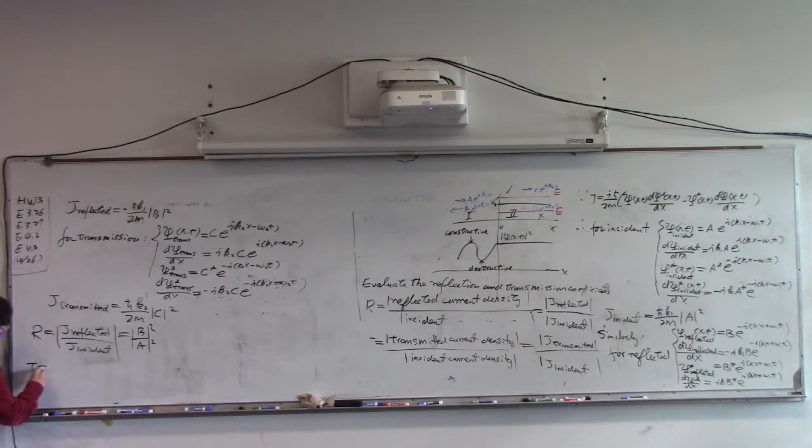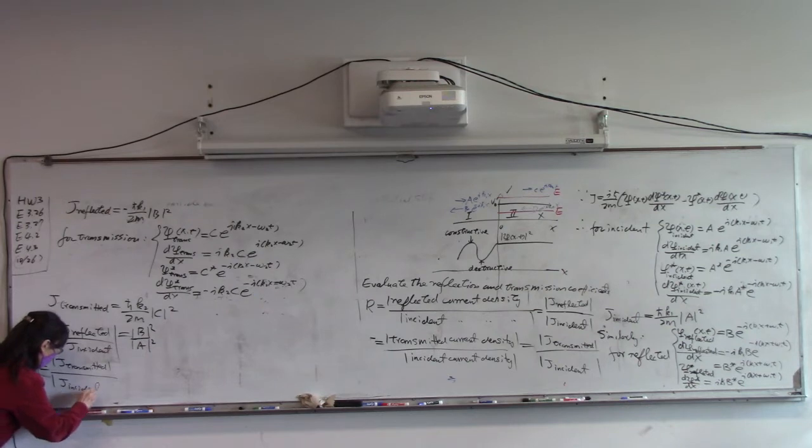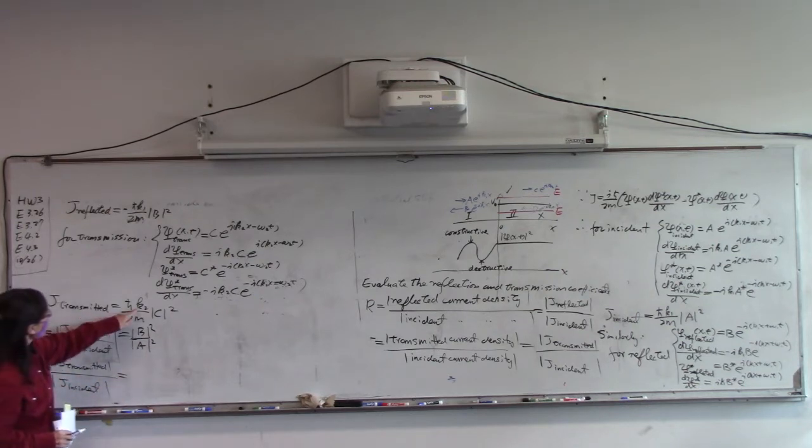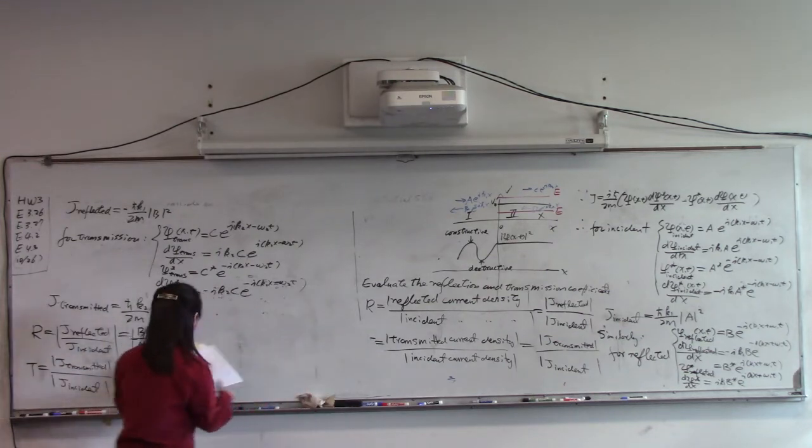Then transmission T is J transmitted divided by the absolute value of J incident. Now here, this is different. This is k2, that is k1, right? So we have a ratio.